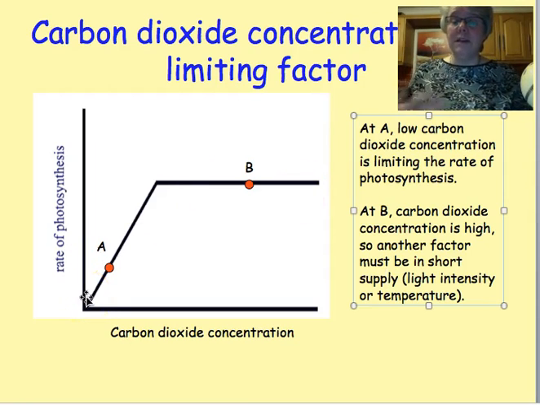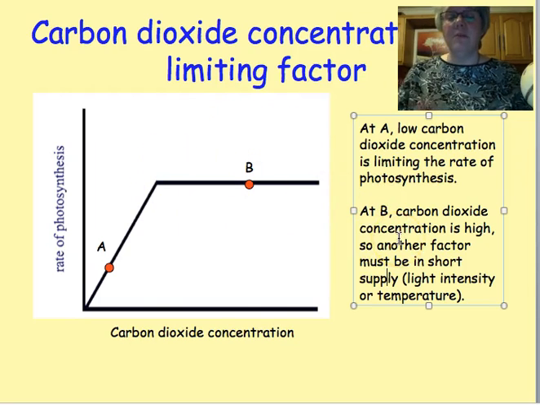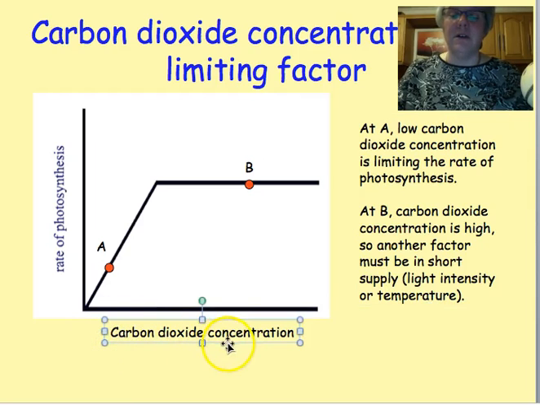Now, all the exam questions will be based around this idea of what is limiting photosynthesis at this point on the graph, or what is limiting photosynthesis along this point on the graph. And the rule, remember, is that whatever is on the x-axis is what is limiting photosynthesis at this point on the slope.